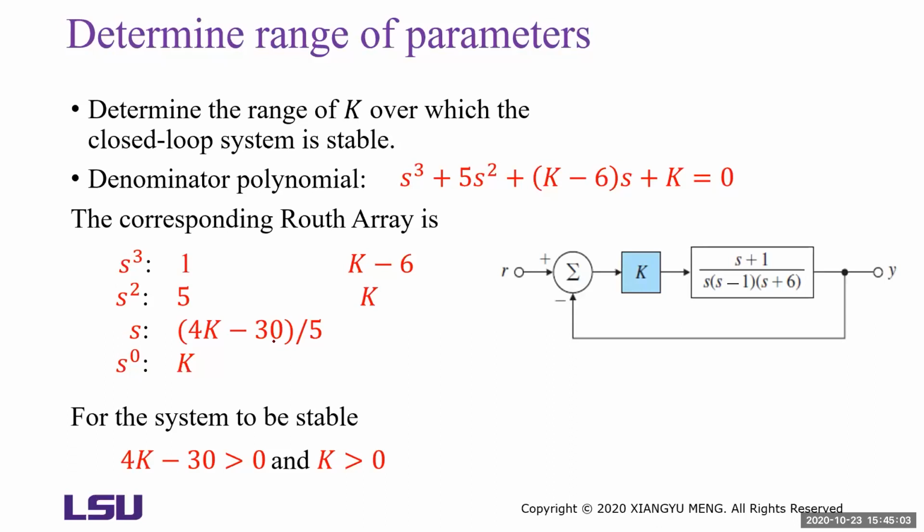What's exactly the range of k to make the system stable? Greater than something. 7.5. Yes, the first one gives you k greater than 7.5. If k is greater than 7.5, it's greater than 0 as well. So the only condition is k greater than 7.5.